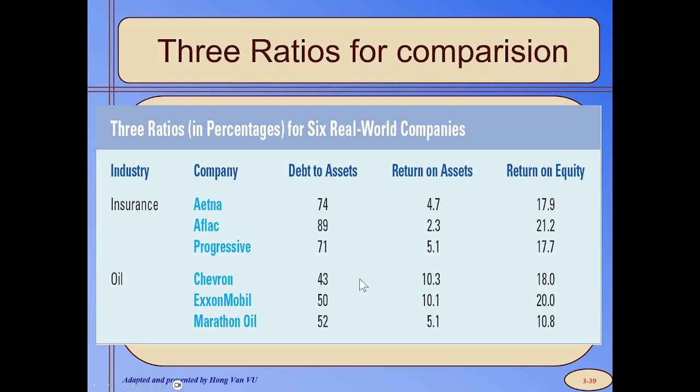Why doesn't every company use financial leverage to the maximum? There is a downside. If the economy turns down, financial leverage has a negative impact on the return on equity. You may want to take a few minutes to review these ratios for more comparison.